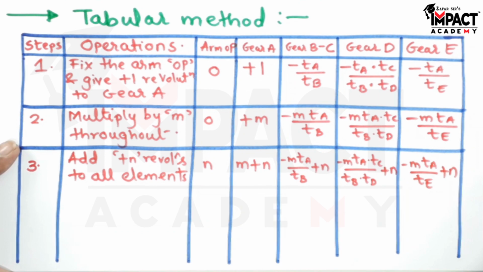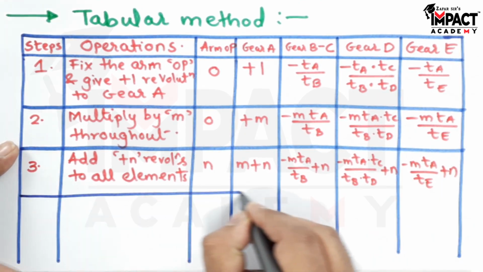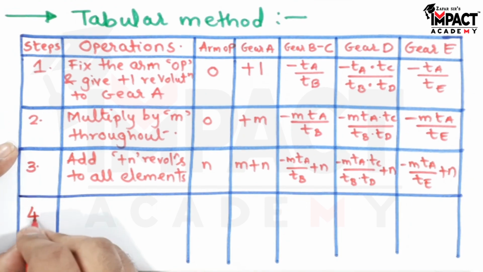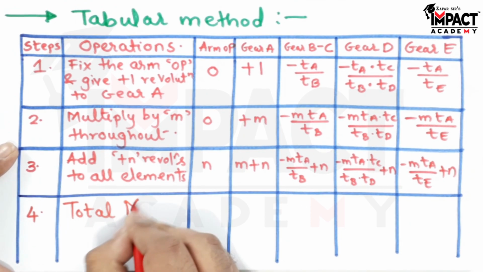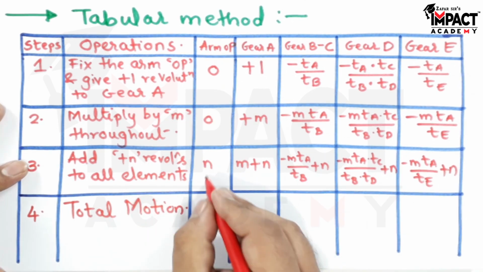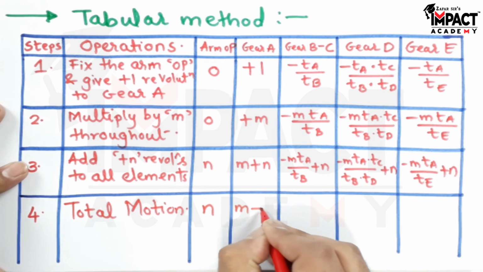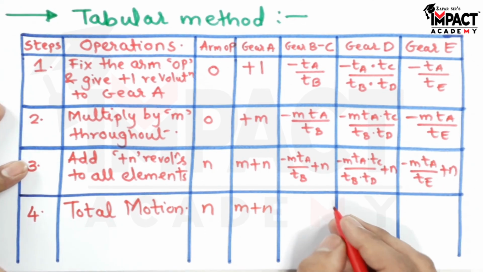Then the last step is total motion. In the total motion for arm OP we have n, for gear A m plus n. Similarly for the remaining gears.